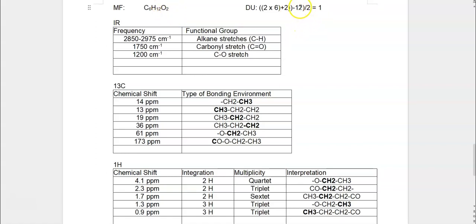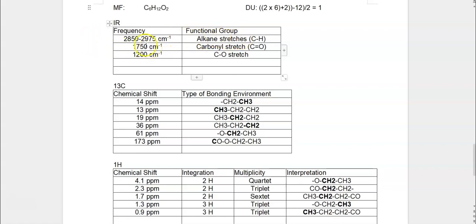And then you subtract 12 because you have 12 hydrogen atoms, and you divide all of it by 2, which gives you a degree of unsaturation of 1, which indicates that there is only 1 double bond in this compound. So as you see, from 2,850 to 2,975, you have alkane stretches.